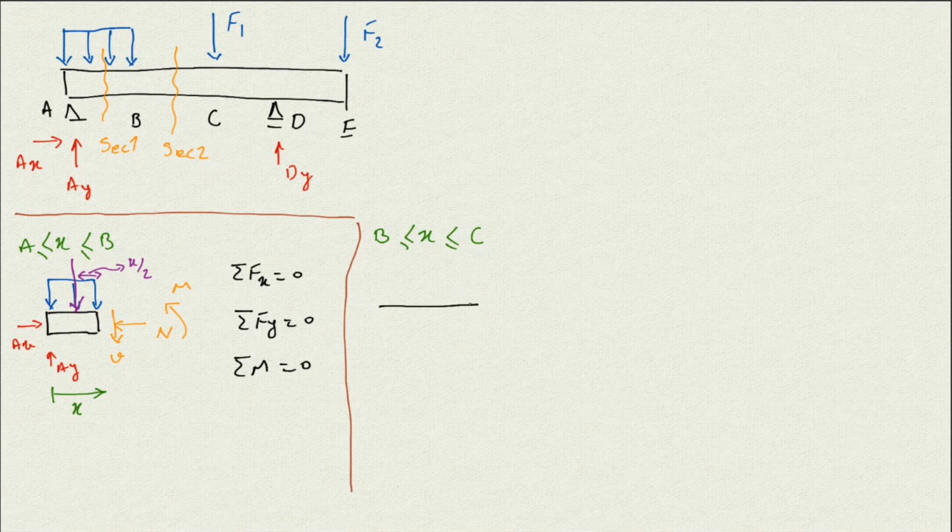So I have the X, again I have the AX, I have the AY, and then I have the same N, V, and M. Also here N should be in the other direction.